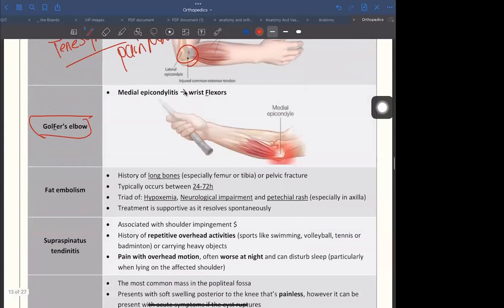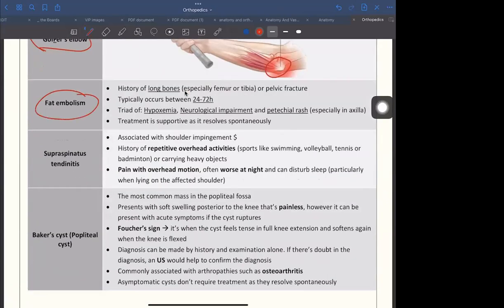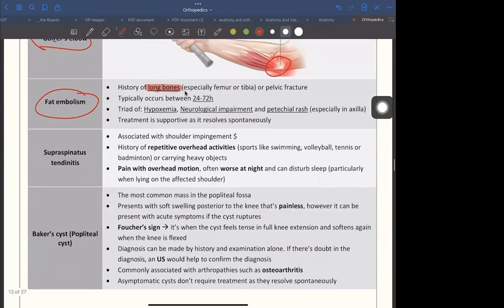For golfer's elbow, it's the opposite. You move your hand to the inside while you're playing golf, so you're affecting the common flexor origin. Again, the treatment is just painkillers. Fat embolism usually happens with neck of femur fracture patients, specifically long bone fractures or pelvic fractures.